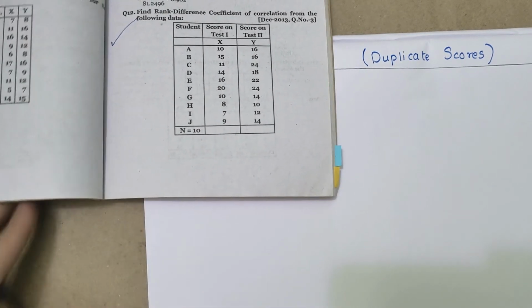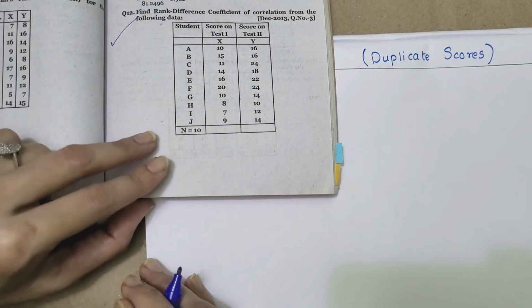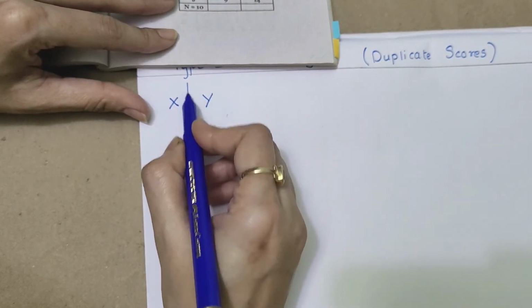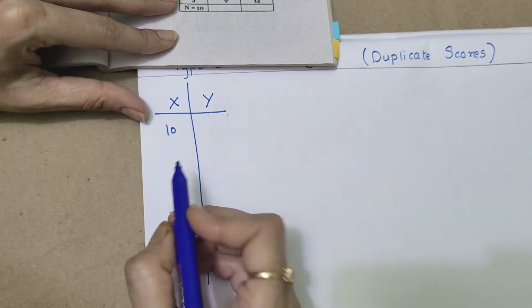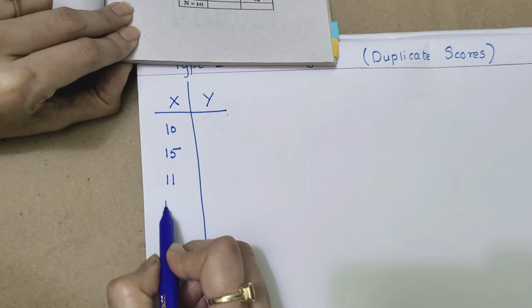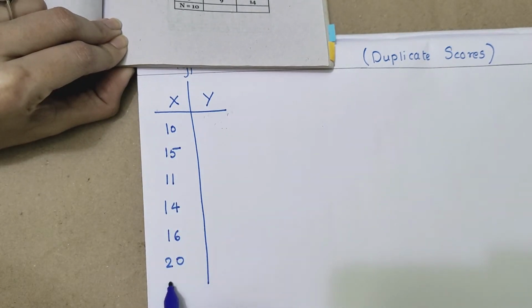This problem is given here where the X and Y scores are given. Let me write the scores. X and Y: 10, 15, 11, 14, 16, 20, 10 again. You will see the repeat of 10, 7 and 9.